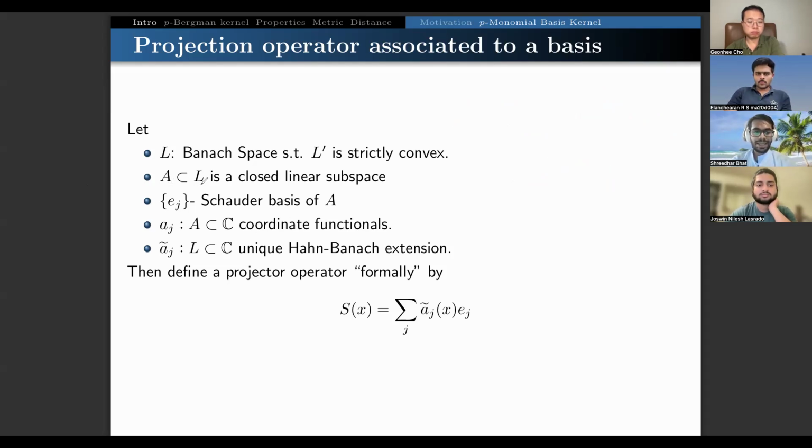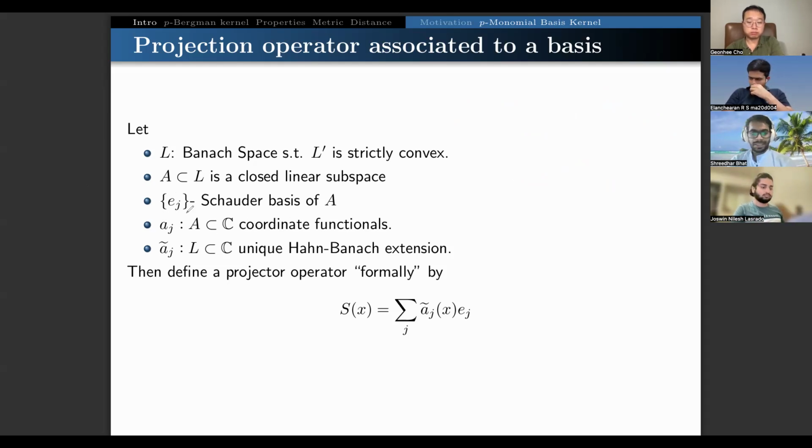And A, assume it to be a closed linear subspace of L, and e_j to be a Schauder basis of this smaller space A, and a_j are the coordinate functionals of these e_j.